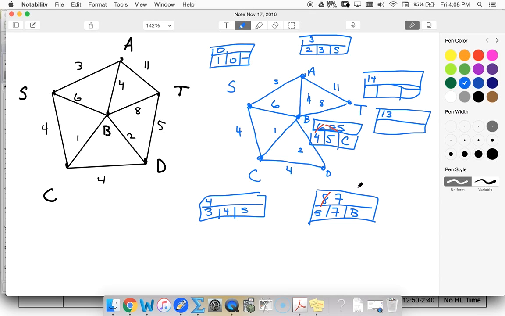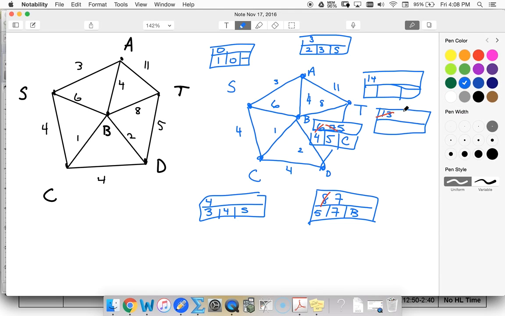Now I'm going to draw in my remaining line, which is a 5. This line here is 5. Coming from D up to here, I had a distance of 7. I add 5 and I get 12.